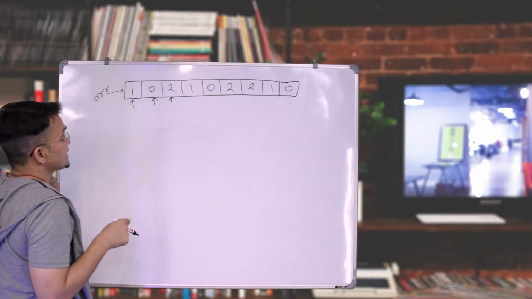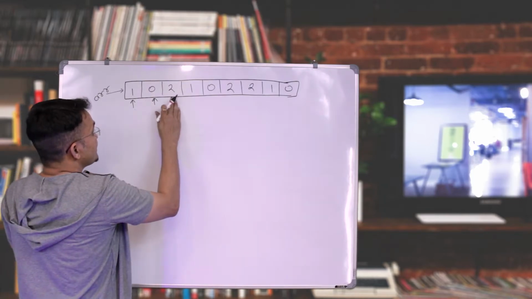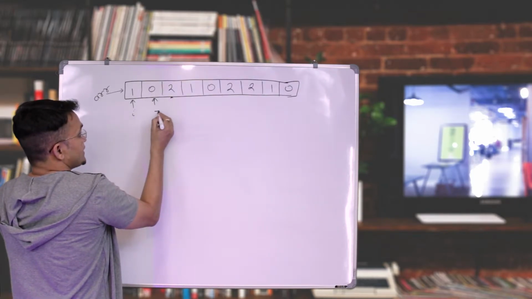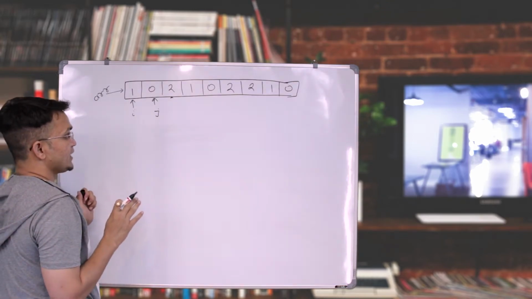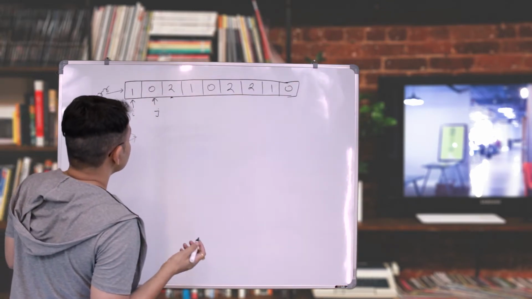So what exactly am I going to do over here? I will take I over here and J over here, and I will swap the values at the indexes. In what condition do I need to swap the values?